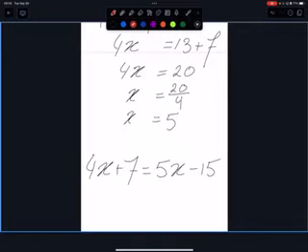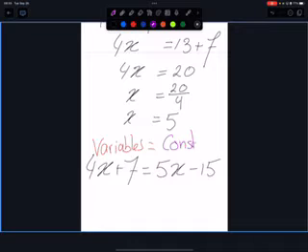The first step is all the variables on one side, all the constants on the other side. What is a variable? A variable is, for example, 4x. What is a constant? For example, number 7.